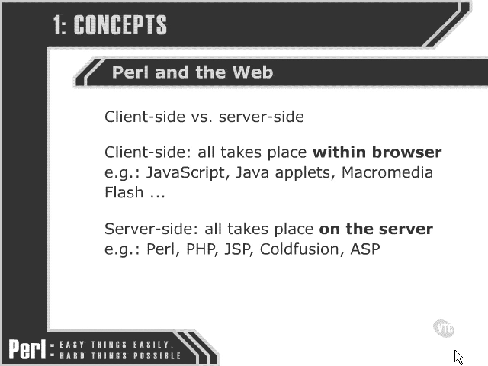Once again, there are some differences between each of these technologies, and they all are good at some things and perhaps less good at others. However, the common thread that runs between each of these is that they are all server-side scripting languages. So their main job is to handle dynamic content and serve it to the user.